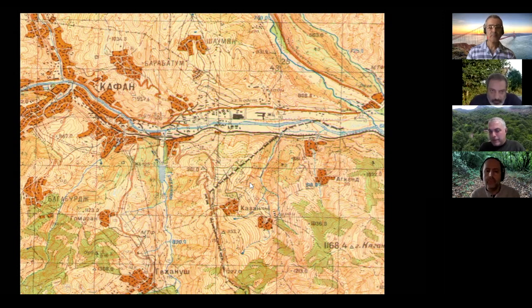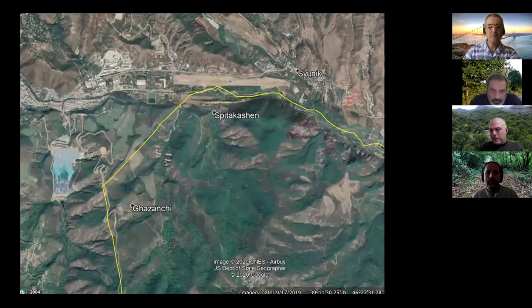Now, to see it more clearly, because mainly it's in Russian and it's a very old map, this is how it looks. This is Rapan city and this is its neighborhood. This is the actual airport that we have. And this is the border here. So Azerbaijanis now can sit 100 meters or even 50 meters away, they can have a military post here, and they can just sit next to the airport, and we will never be able to use this airport anymore.